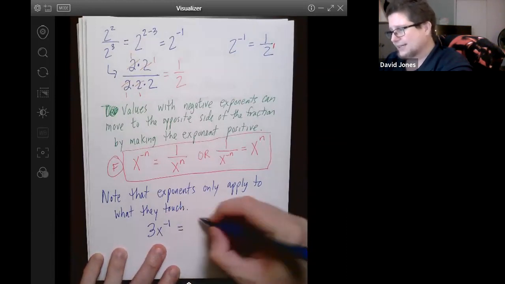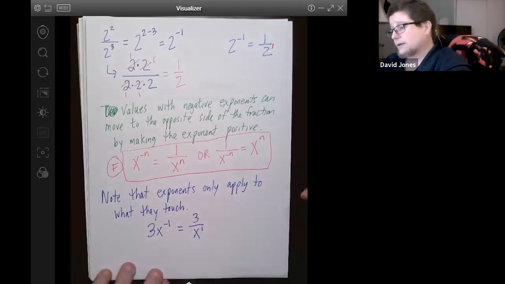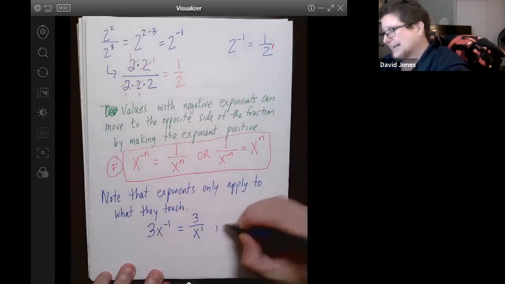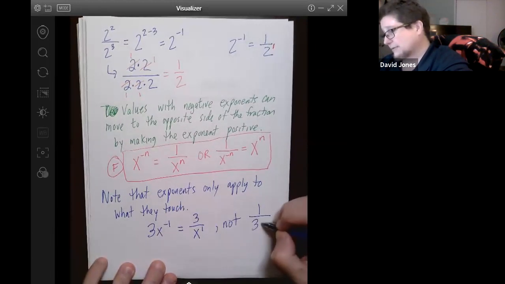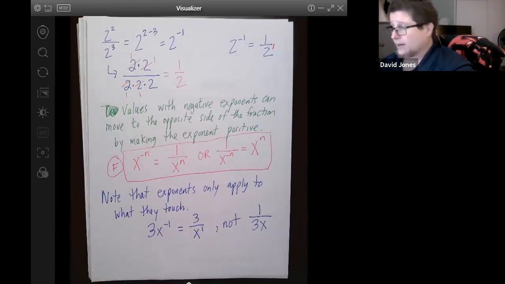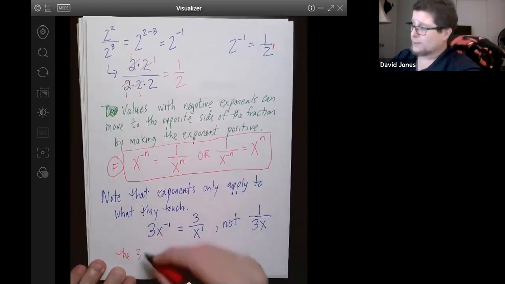Only the x can go to the bottom. That's what it equals, not 1 over 3x. The 3 doesn't have the negative exponent.